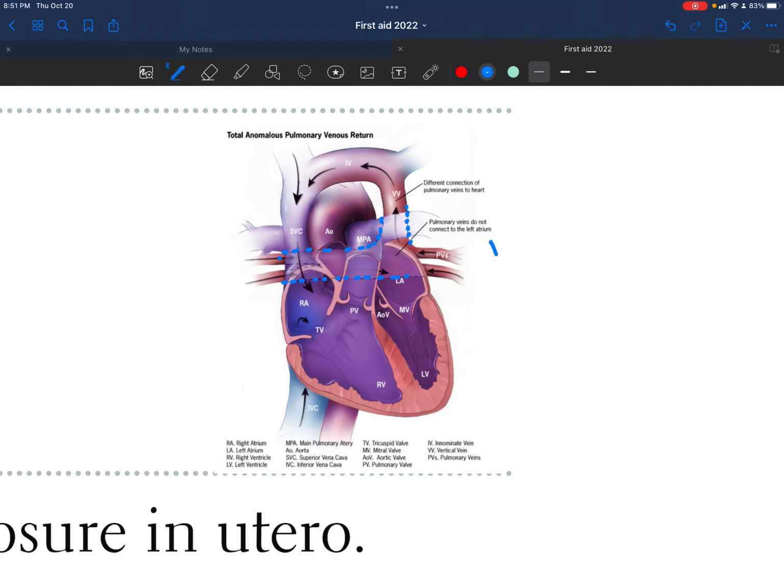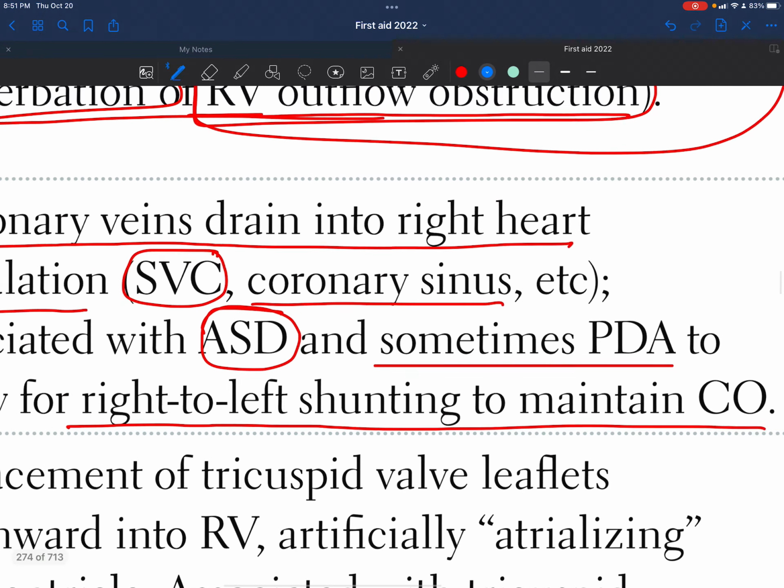They come from the left side still and the right side, but they both are connected somehow without opening in the left atrium. They take the oxygenated blood coming from the lungs, take it in this short circle that has connections, and then go into the superior vena cava or directly into the right atrium.